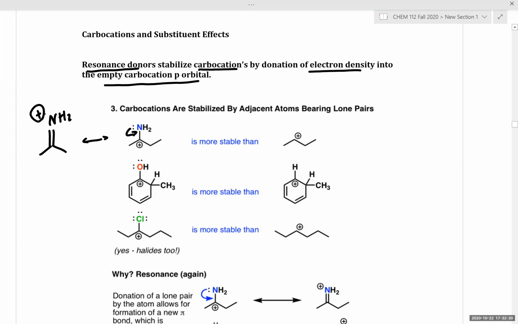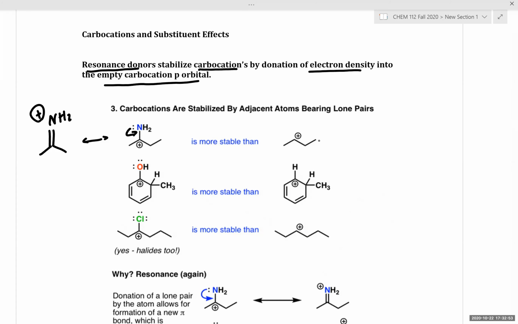We've now delocalized this positive charge onto nitrogen. As a result of this stabilization via resonance, the cation adjacent to this amine group is substantially more stable than your typical alkyl cation.